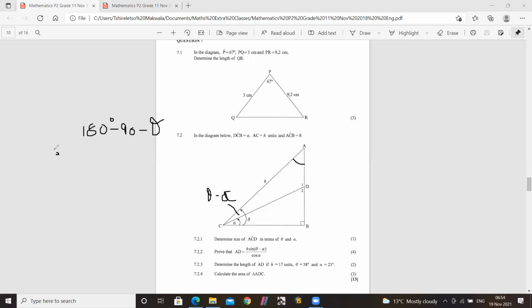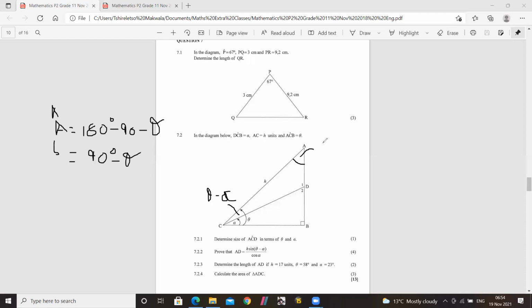So what is A equal to? This angle A is equal to 90 degrees minus theta. So that's this angle here.